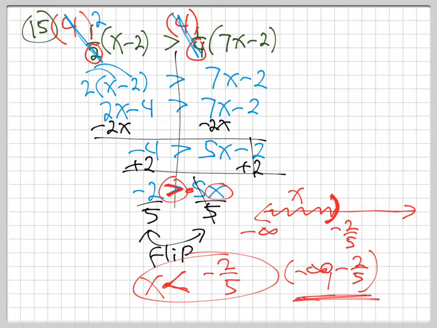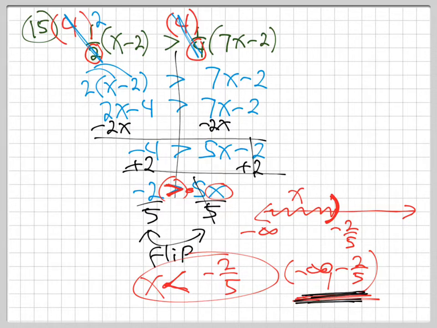Because there's no bar, it's not equals. It's a parenthesis on both. Bars lead to brackets. If it's greater than or equal, then that would be a bracket, and that would lead to a bar. We have no bars, then no brackets. Parentheses. It's all the numbers less than negative 2/5, like that.